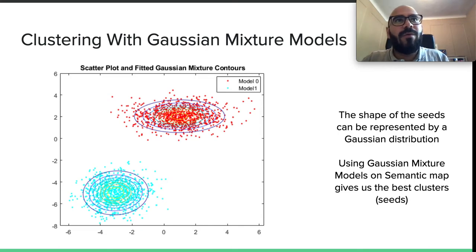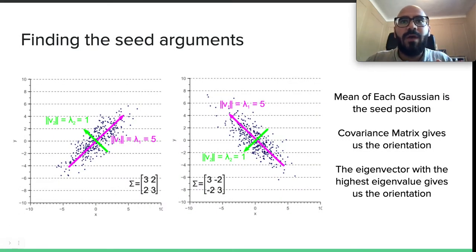After we find the number of seeds, we fit a Gaussian mixture model with that number of components to the data, and then we treat each one of these Gaussians as one of our seeds. Because these seeds are like a small rod, they can be perfectly modeled by a Gaussian mixture.